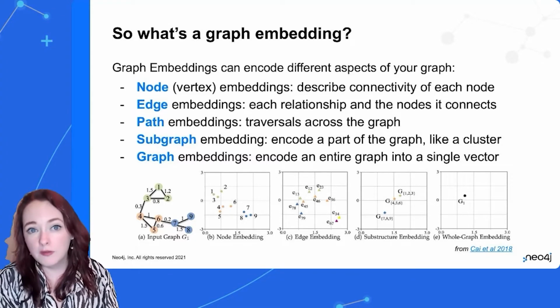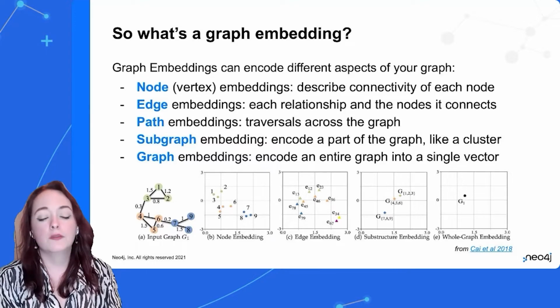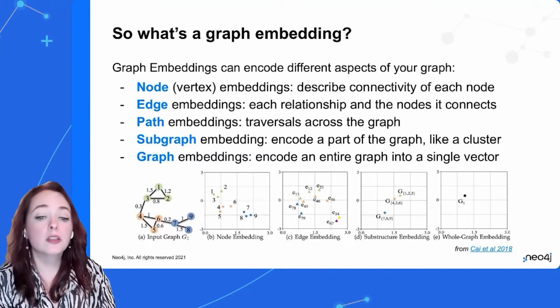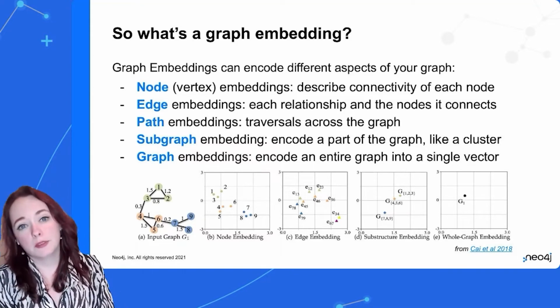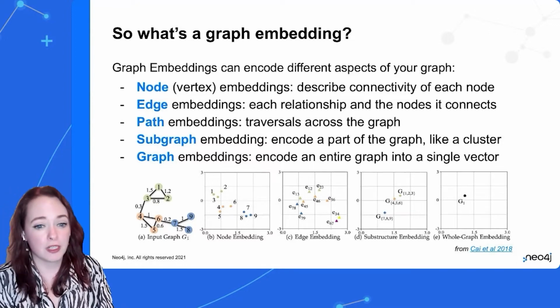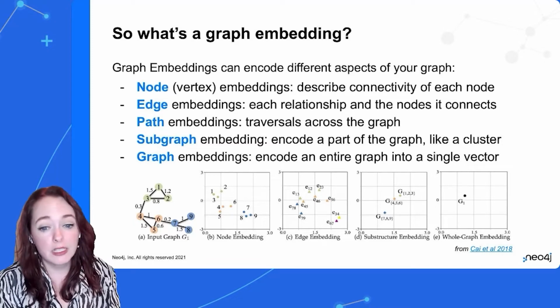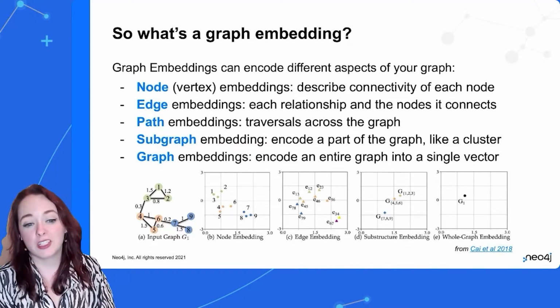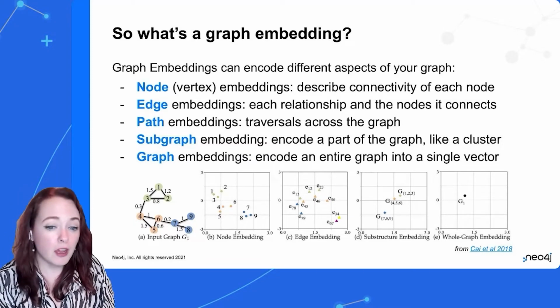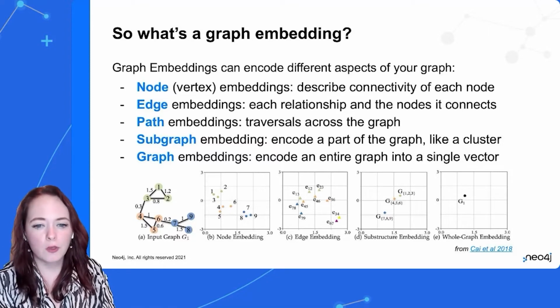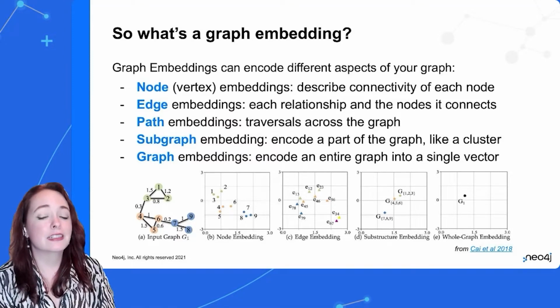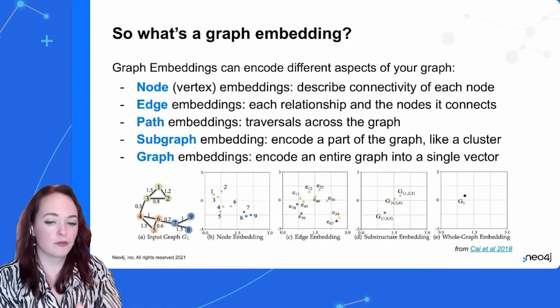So at the bottom of this slide, I've got an example. You've got an input graph, and you can translate it into different types of embeddings. And each one of them looks different in embedded space. A node embedding creates a representation for each node. An edge embedding creates a representation for each edge. So in my graph, I've got 9 nodes, and I've got 1, 2, 3, 4, 5, 6, 7, 8, 9, 10 relationships. Those are reflected there.